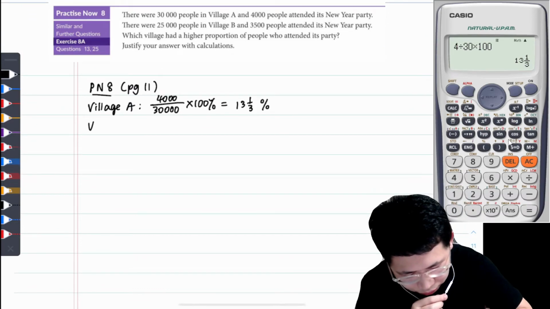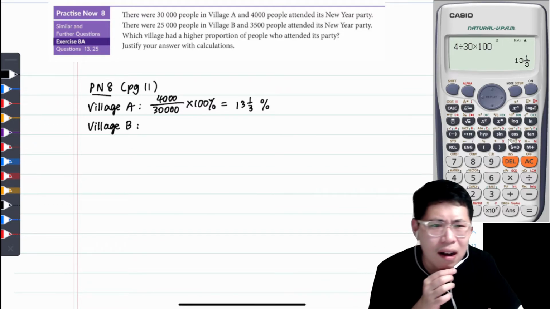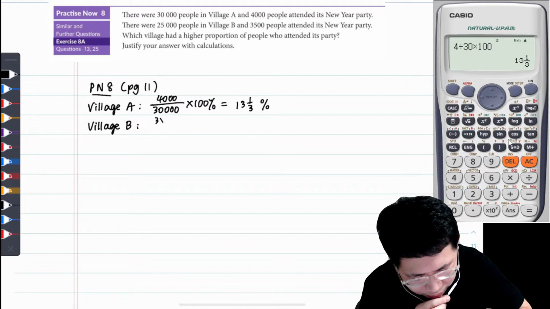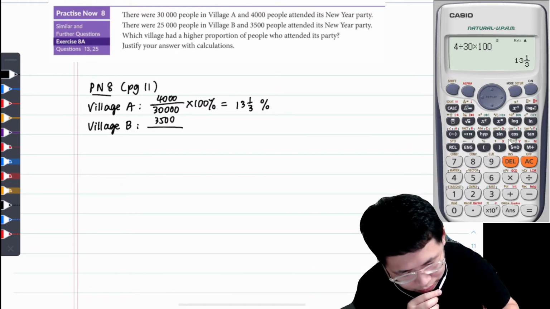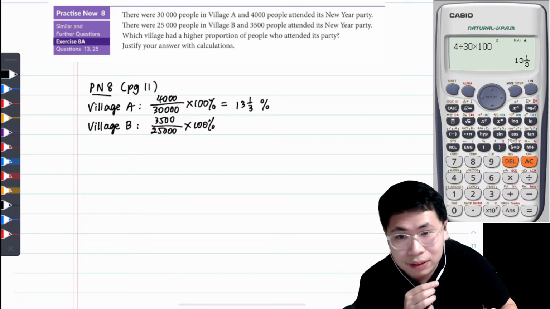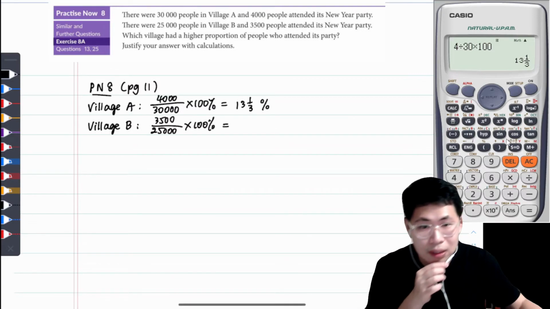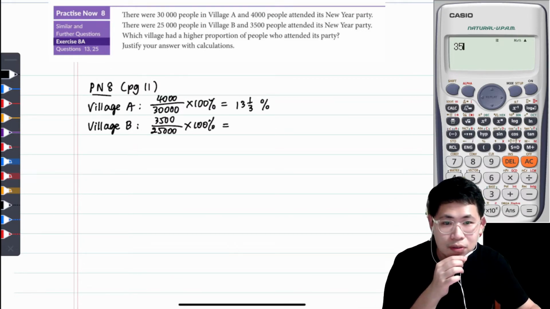Next one, for village B, it will be like this. 3,500 guests. Total number of villagers is 25,000. So 3500 divided by 25000 times 100%.